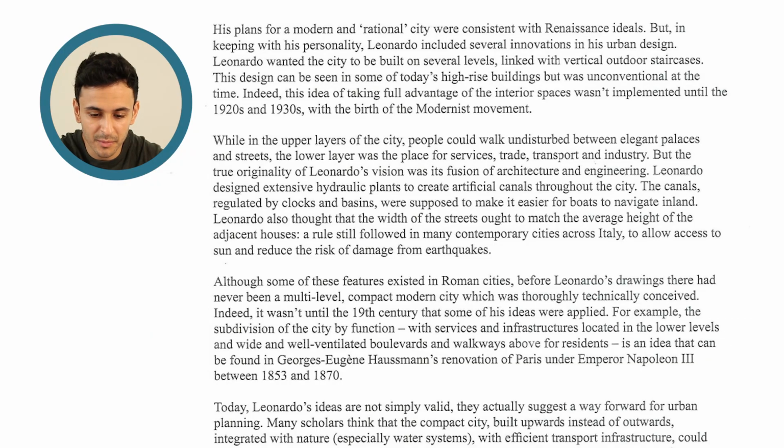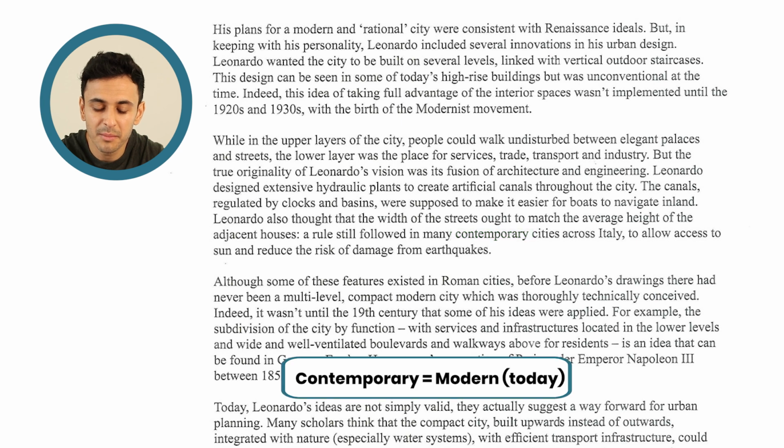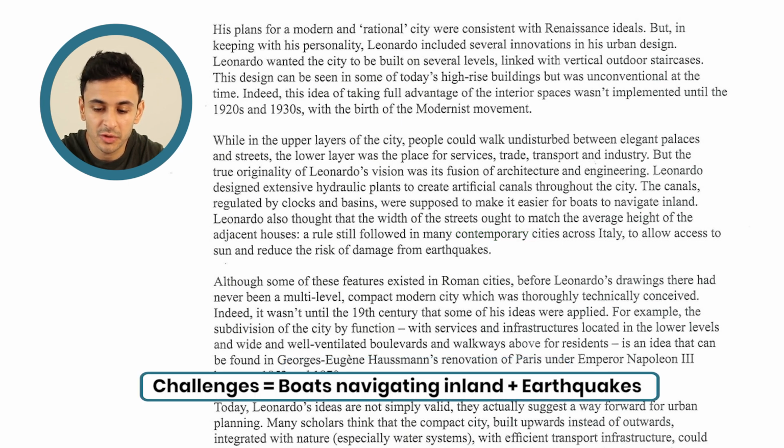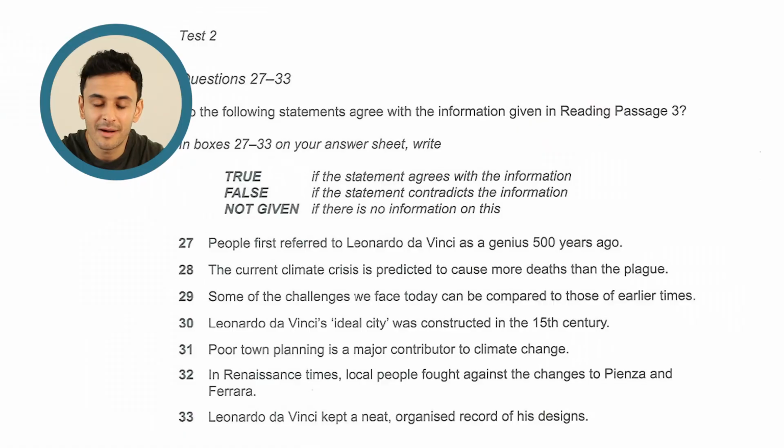And here the information says, rules still followed in many contemporary cities. Contemporary is more like a modern city, so it refers to today, and then we have the challenges, which could be boats navigating inland, and also the earthquakes, which obviously affect cities today and back in the time. So based on all this information, I'm going to give it a true right away.